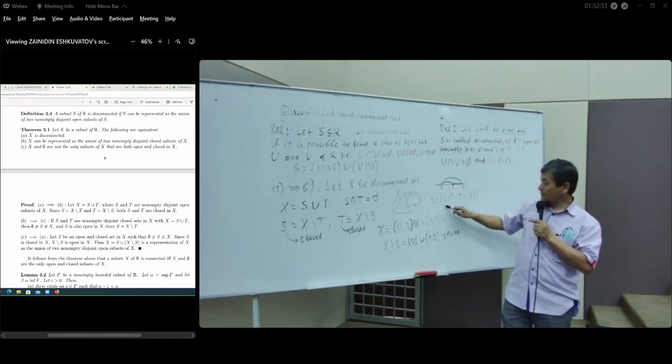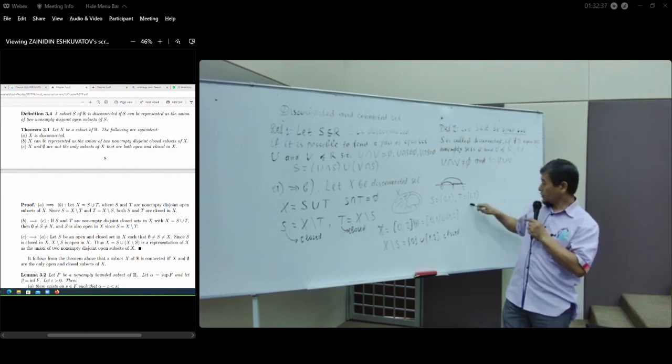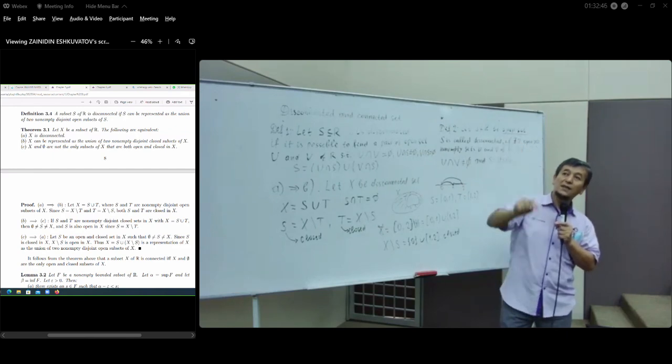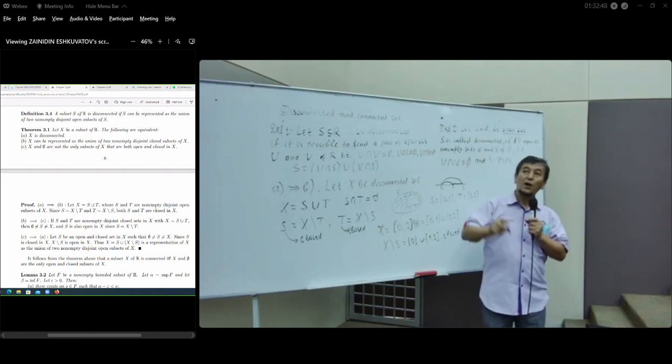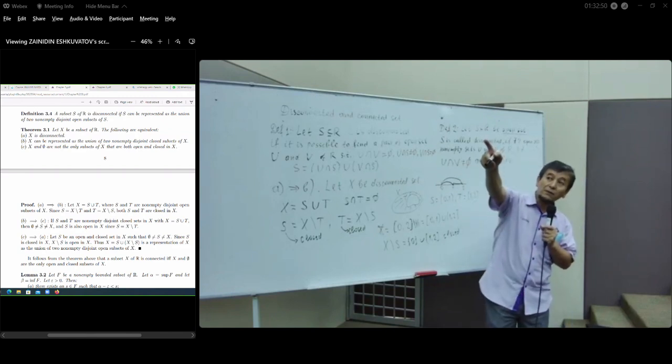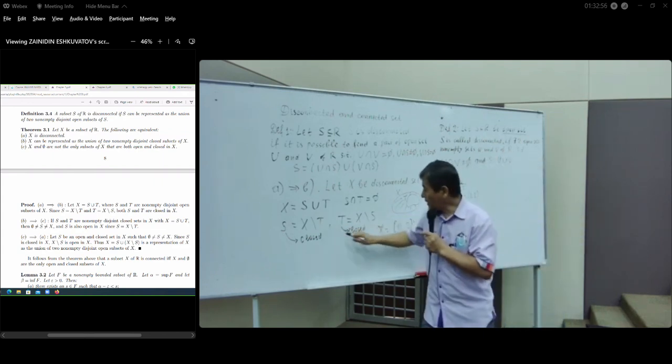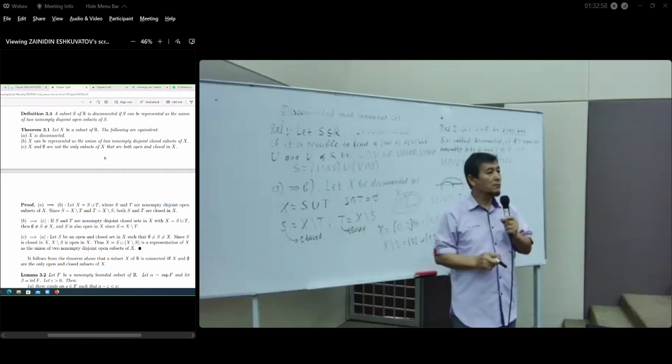So here, open subsets. It says since S is X minus T and T is X minus S, both S and T are closed in X. Over there, they are disjoint open subsets of X, and from this formula, they say that this is closed.